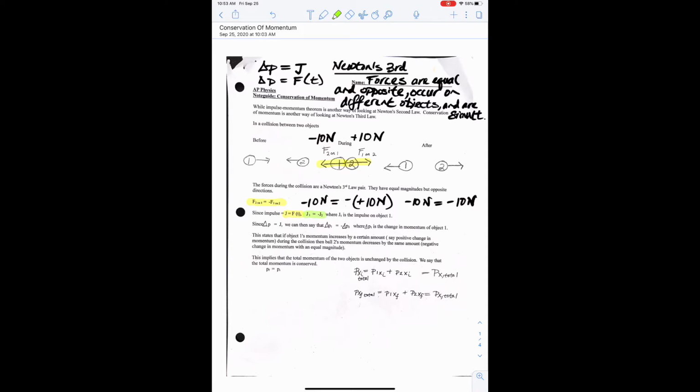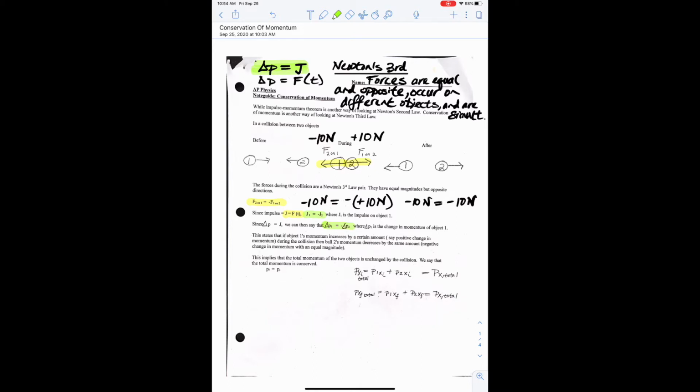And because impulse is the same as change in momentum, we can then say that the change in momentum of object 1, which is receiving the negative 10 force, is equal to the negative of the change in momentum of object 2, which is receiving the positive 10 force, by the same math that I showed above.